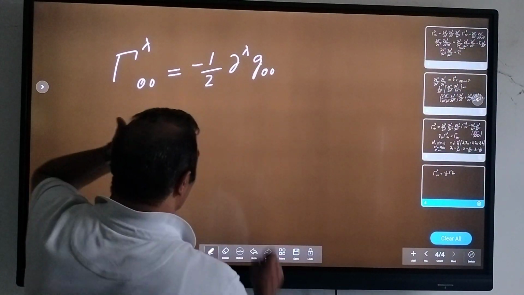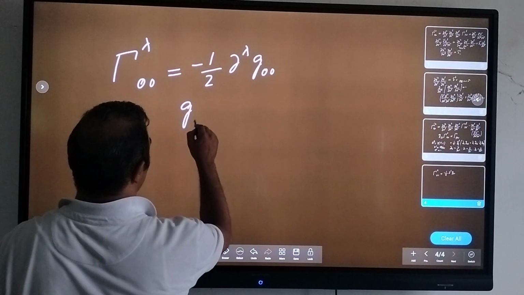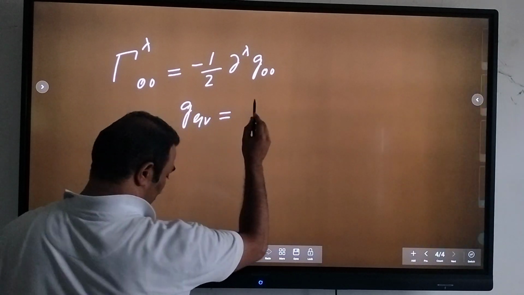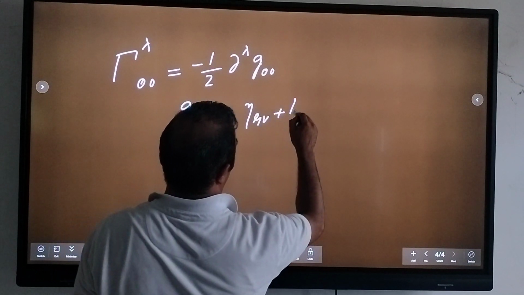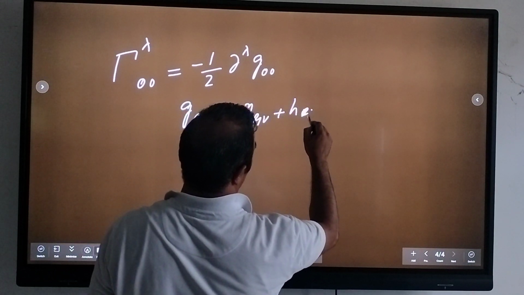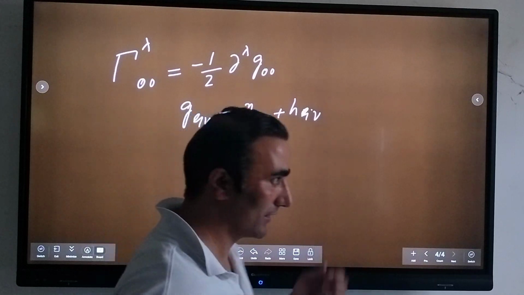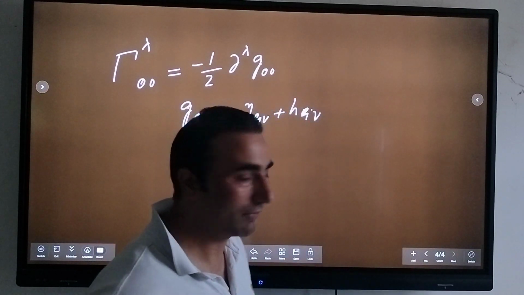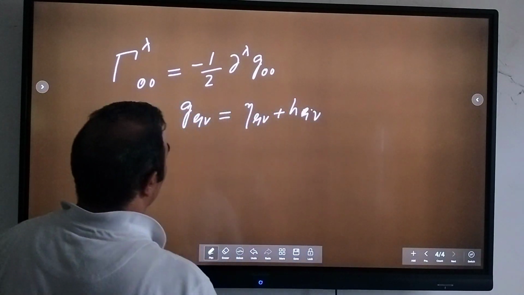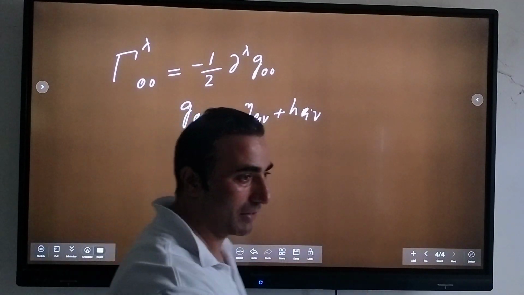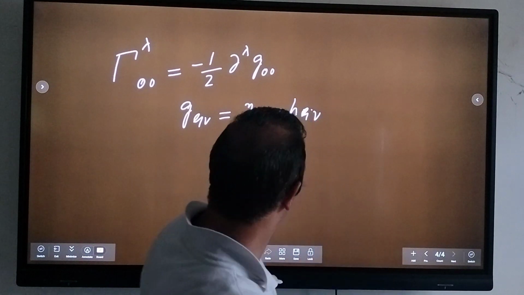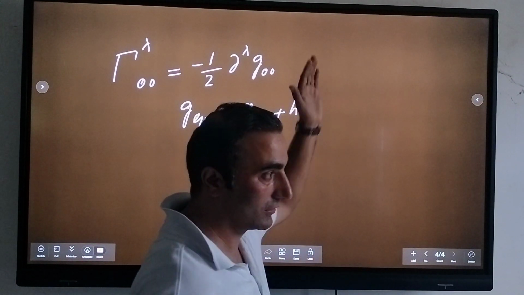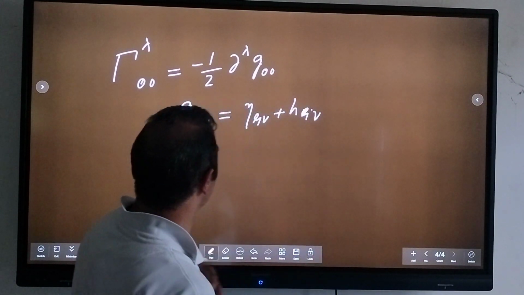Now, if you remember, how is this g mu nu related to this g00? That's basically eta mu nu plus h00. That is the combination of these two: the perturbation, and again the Minkowski matrix eta, right?